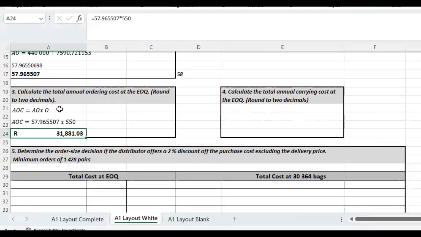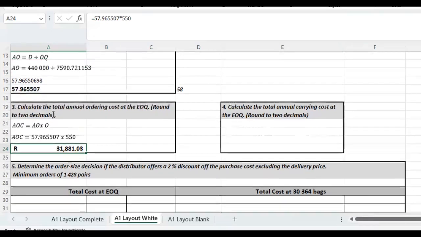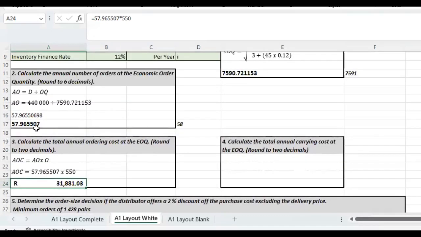And so we see that our total annual ordering cost, if we take the annual number of orders that we've just calculated and we multiplied it with a given order cost of 550, gives us 31,881. When it comes here to our annual carrying cost, once again, we put in the formula first.